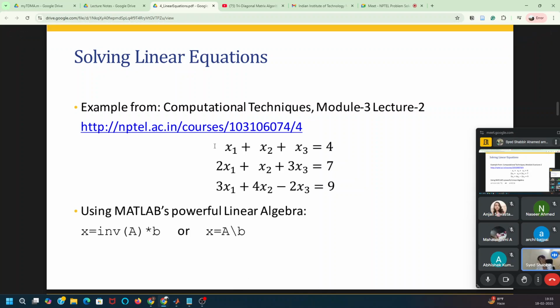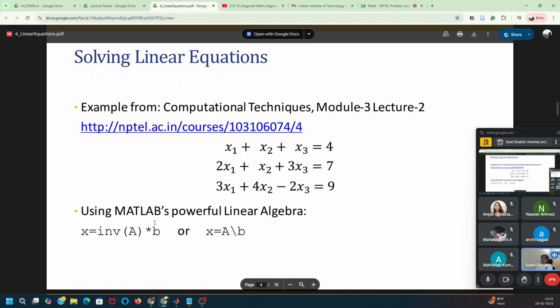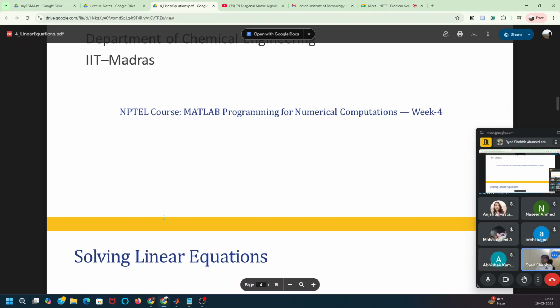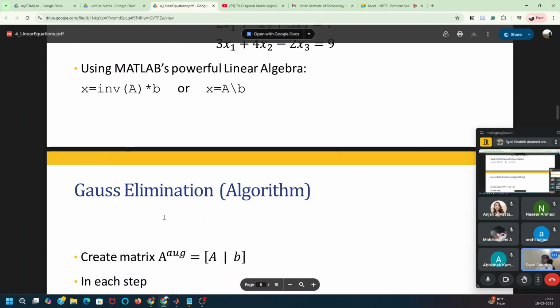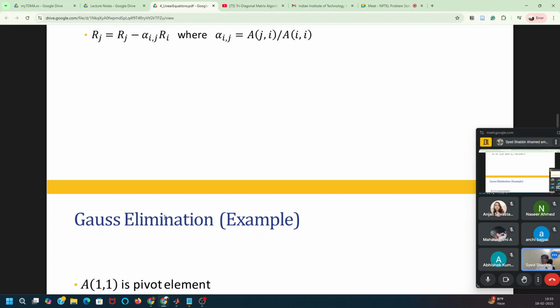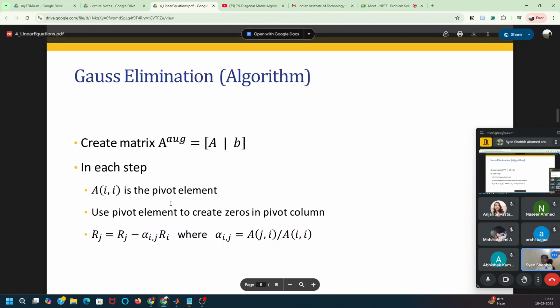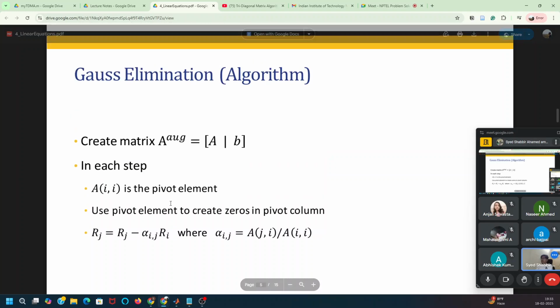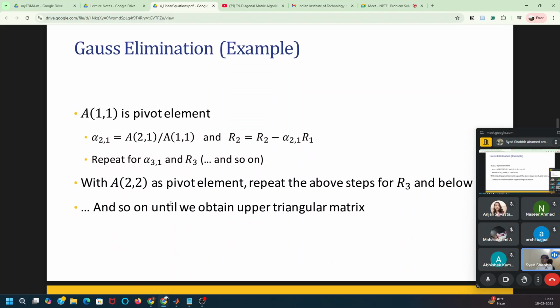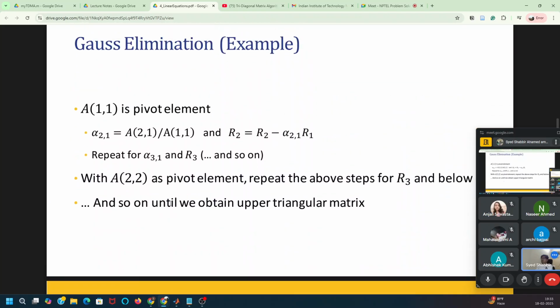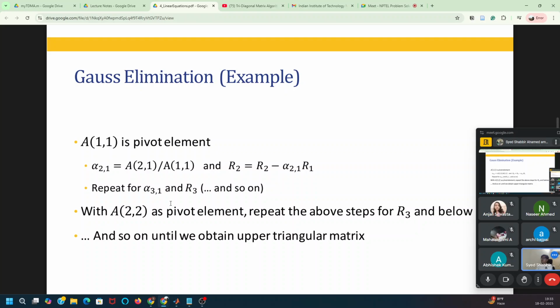If you have any doubts in the method or in the code which was written, please unmute and ask. You can also ask in the chat box. Okay, I think that was understood by everyone.